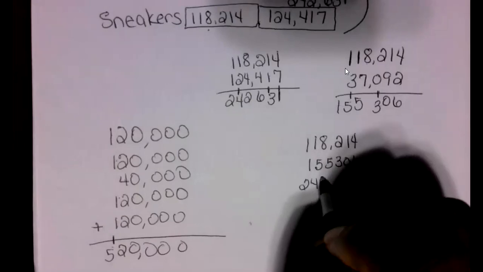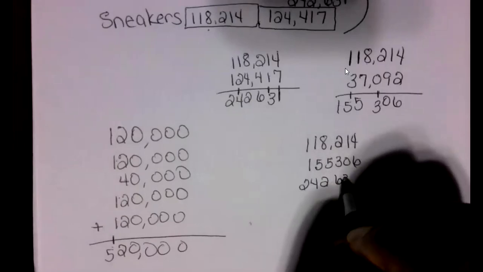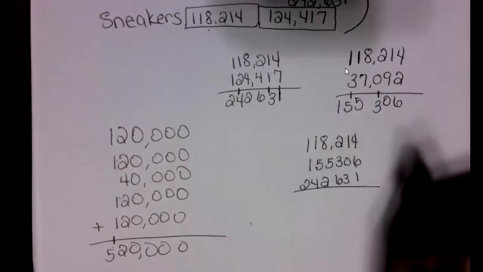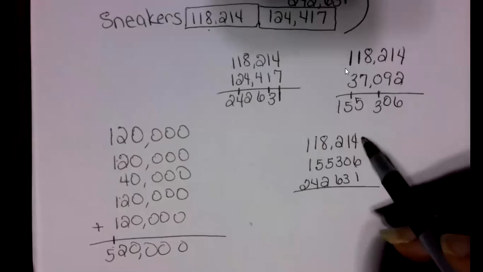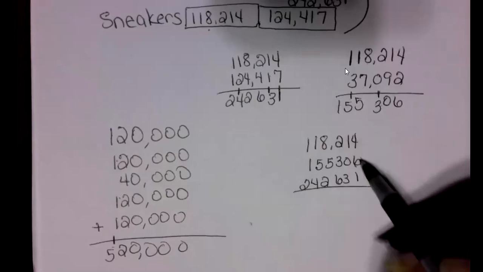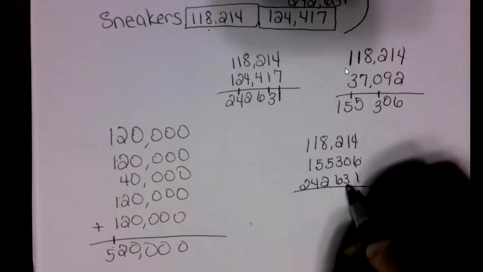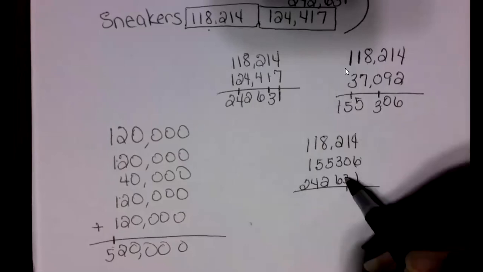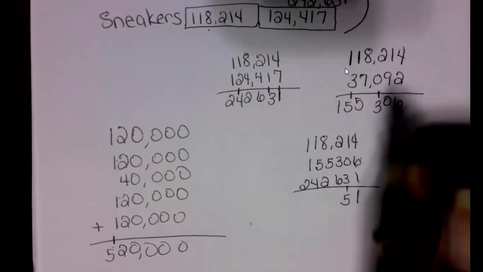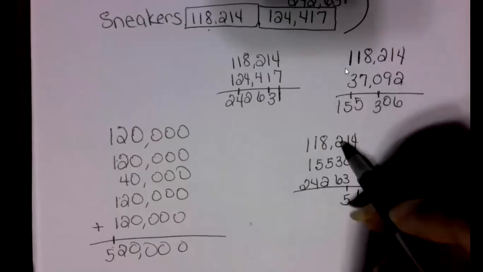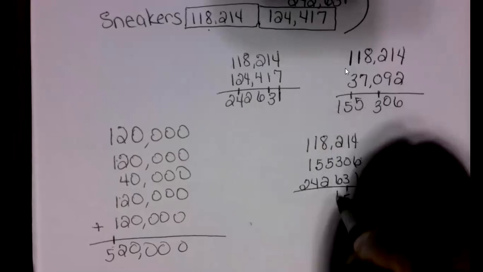I have to make sure I'm lining this up correctly, because when I get ready to add, I have to make sure they're all in the same place value. So I'm adding, starting at my ones always. 4 plus 6 is 10, plus 1 is 11. 3 plus 1 is 4, plus this 1 is 5. 2 plus 3 is 5, plus 6 is 11.